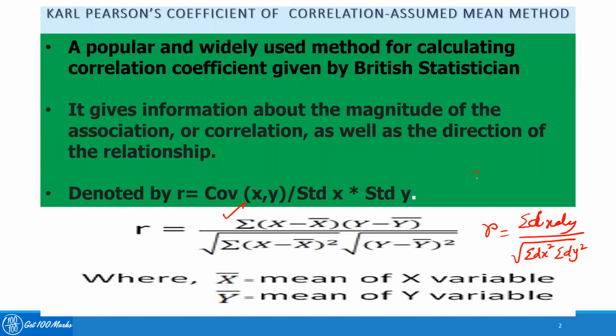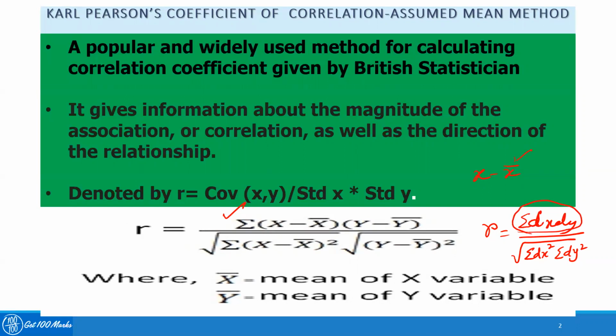dx is equal to x minus x bar, where x bar is the mean of that particular series. There are two variables, suppose x and y. For the variable x, we find the mean value, and each value is subtracted from it, and if we add these up, we get summation dx. In a similar way, we can find dy, multiply both of them and then add.